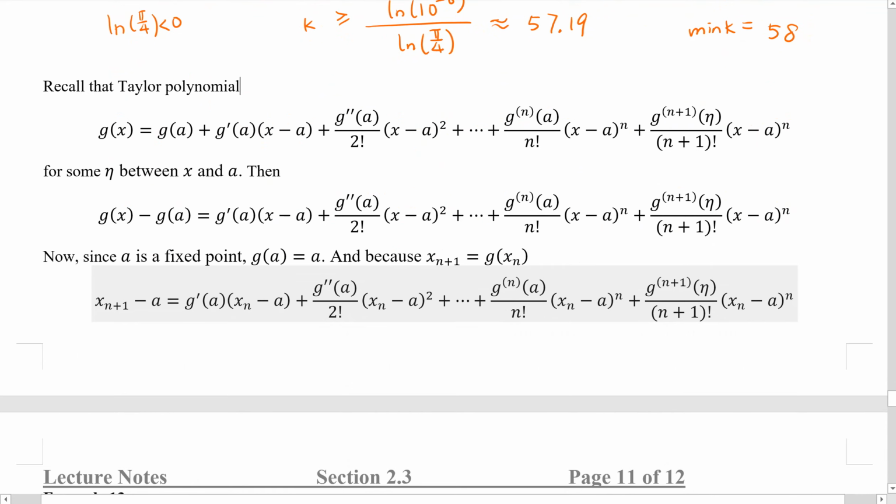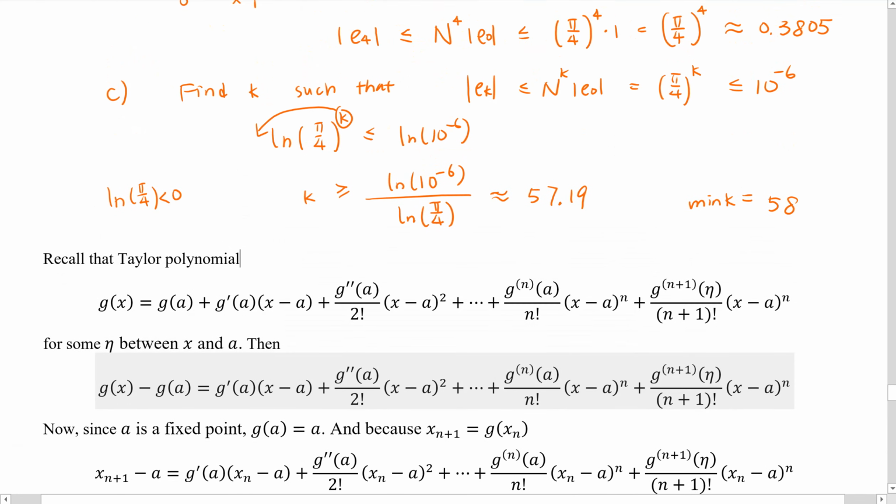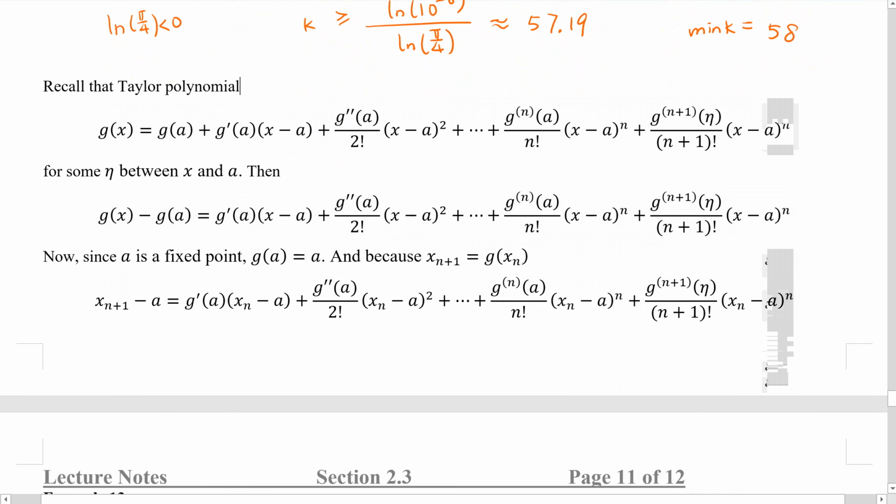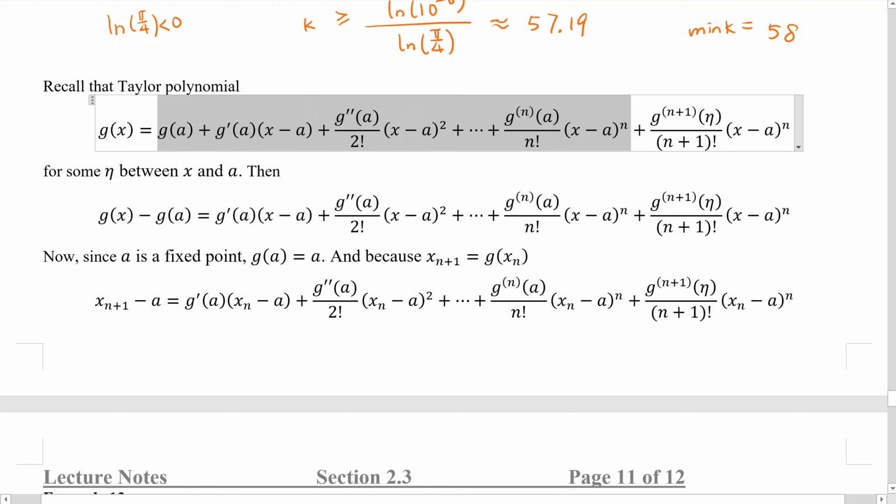Notice that the fixed point convergence theorem gives us a linear convergence, but sometimes, depending on the function, we might get higher convergence. Okay, so first let's recall the Taylor polynomial. So we have g of x equals g of a plus g prime of a times (x minus a), and so on. Let's say this is the nth order Taylor polynomial, right?